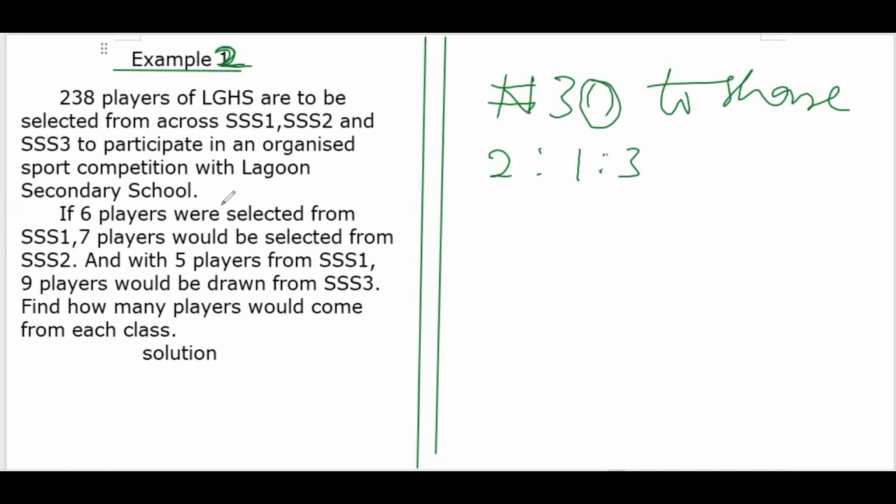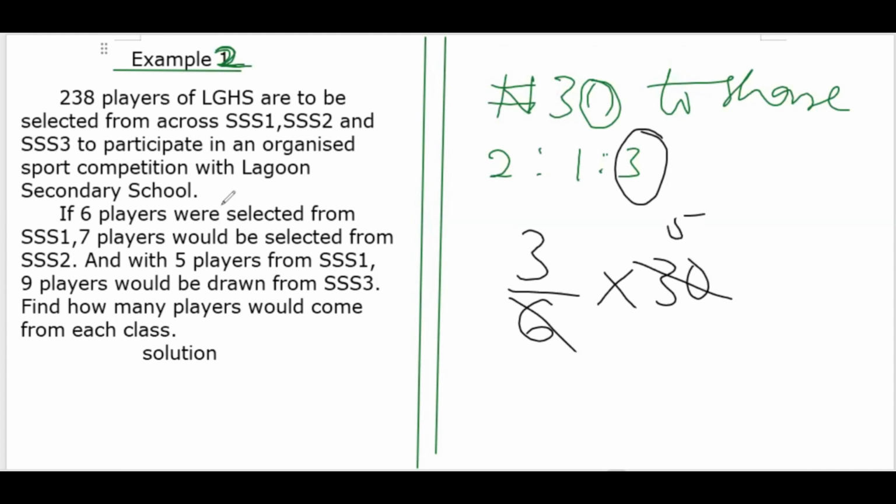The largest share is this 3. It will be 3 over the total ratio, which is 6, times what they share, which is 5. So when you multiply out, you get 15. So we know how to answer this.